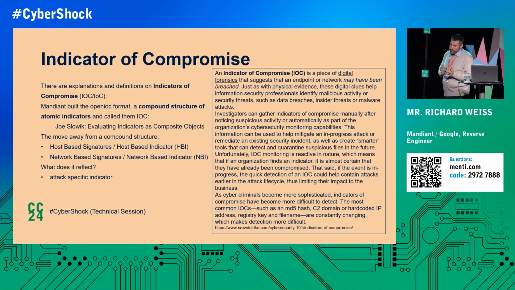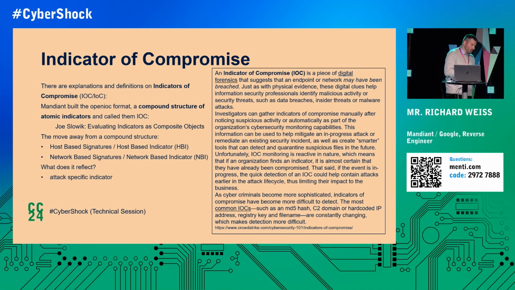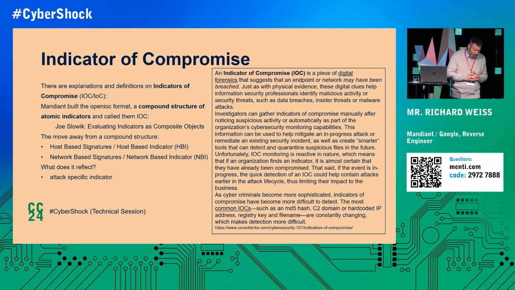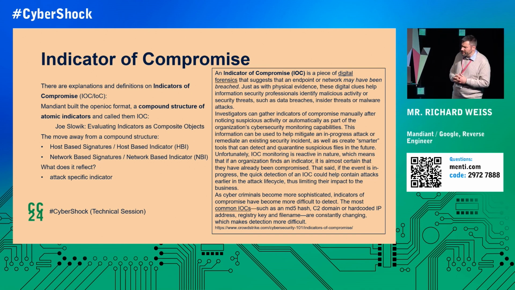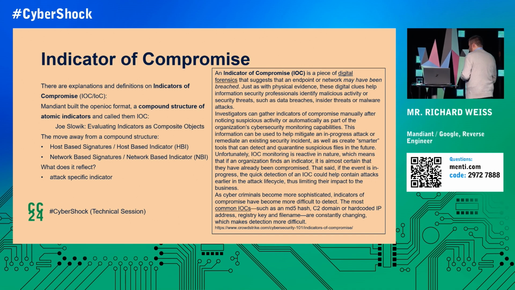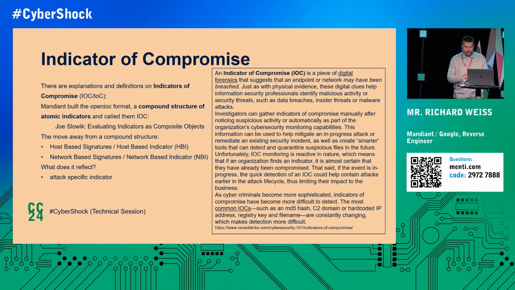And I went back in history. When I started, there were no indicators of compromise. I'm quite old, I know. But then a PT1 report in 2013 was released, and there were composite objects as indicators of compromise, and they were reduced over time to single items.